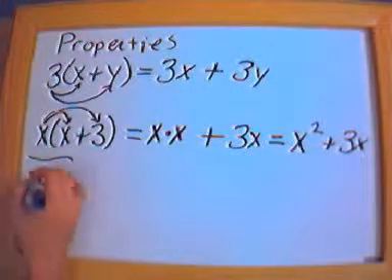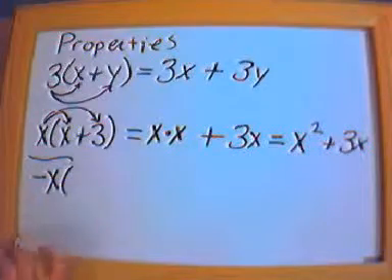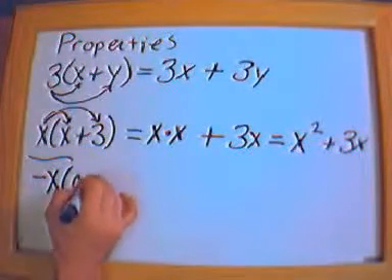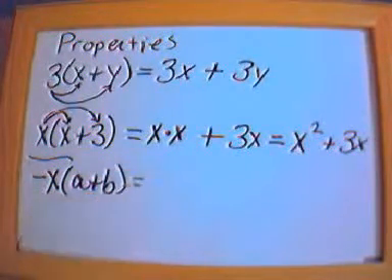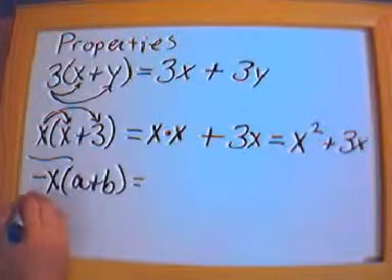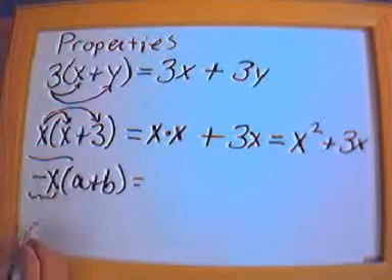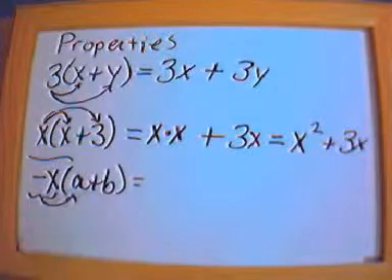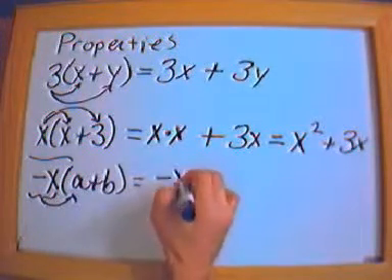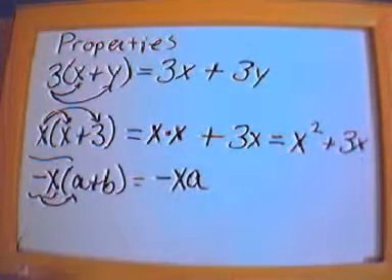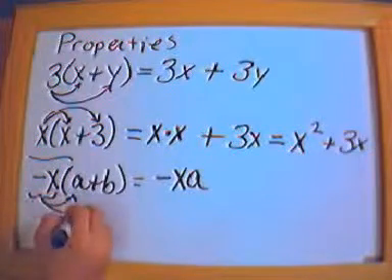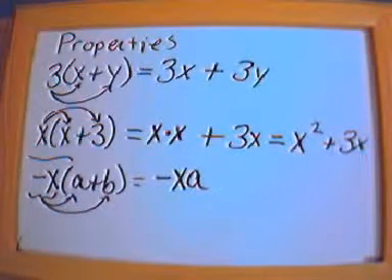Okay? Let's say we've got negative x times (a plus b). Now I've got to take the whole thing. Remember, minus x times a is going to be minus xa. And then I'm going to have to multiply times the second thing. Now, watch how I do this here.